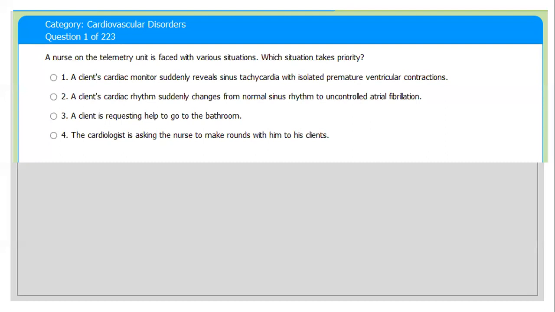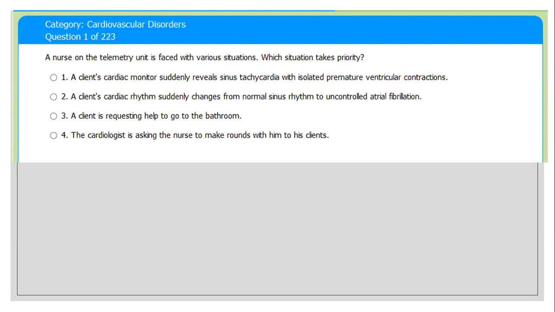Now let's talk about numbers 1 and 2. Number 1, a client's cardiac monitor suddenly reveals sinus tachycardia with isolated premature ventricular contractions.